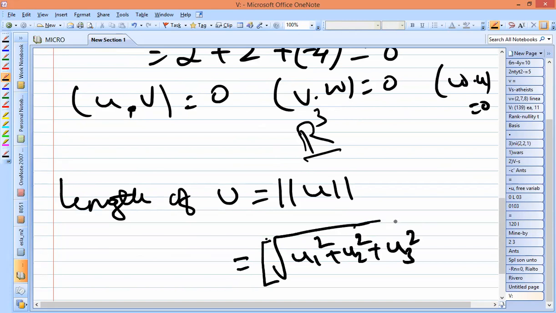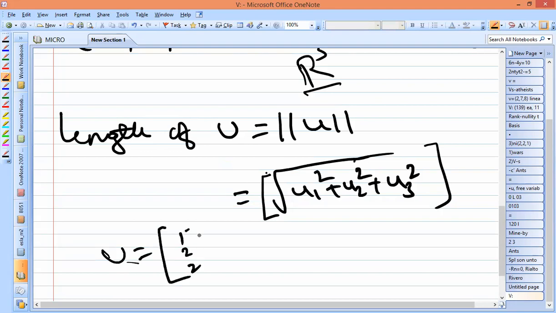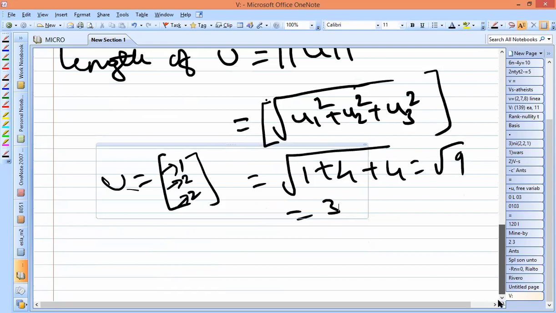All this calculation you need to know, because in one more theorem you are going to use this. Here u1, u2, u3 are the elements within the matrix U. U is given with the values 1, 2, 2, so u1 is 1, u2 is 2, u3 is 2. So we write the square root of 1 square is 1, 2 square is 4, plus 2 square is 4, that is root 9, which is equal to 3. So the length of U is 3.